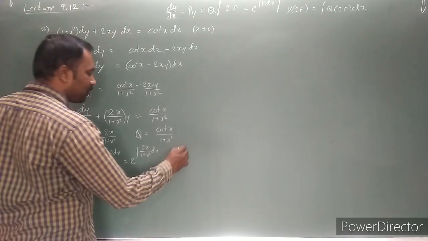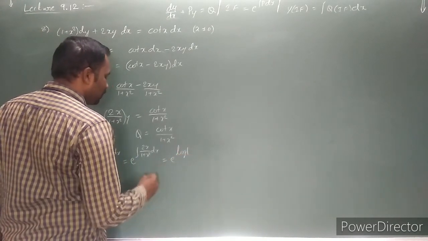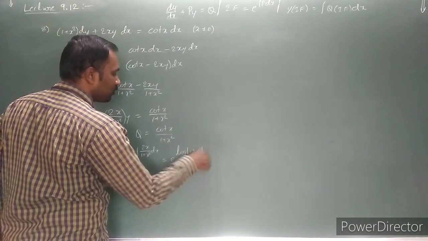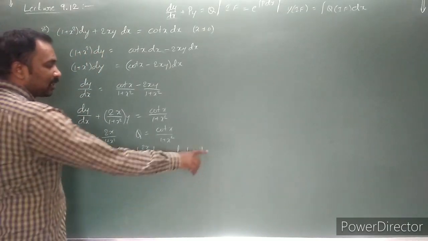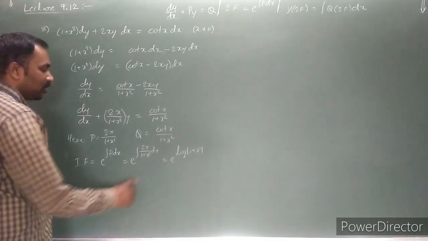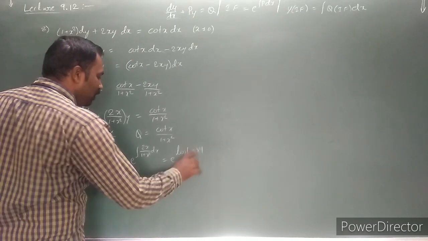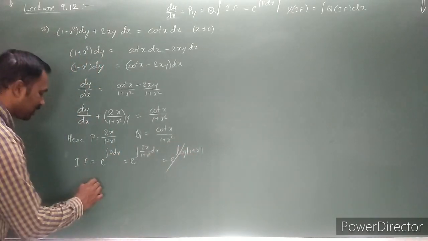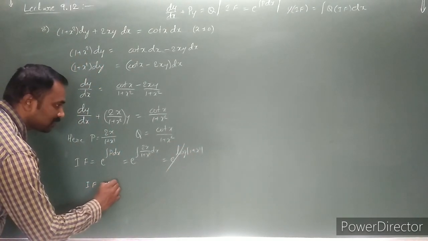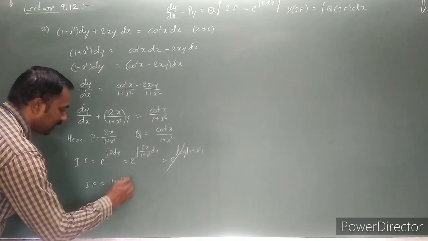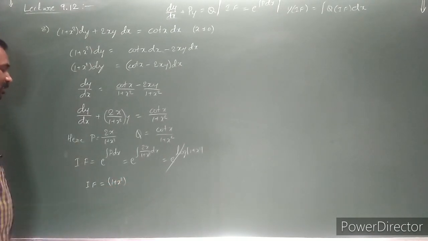So that gives log of f of x, where f of x is 1 + x². Now you write the integration constant. Here the exponential and log get cancelled. Finally, the integrating factor is equal to 1 + x².